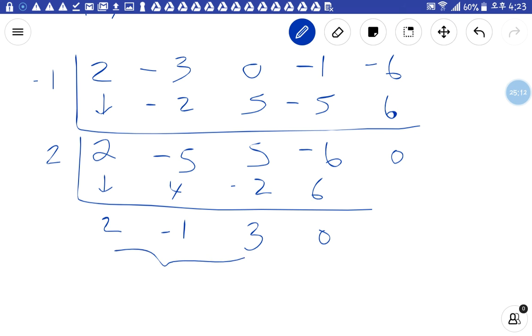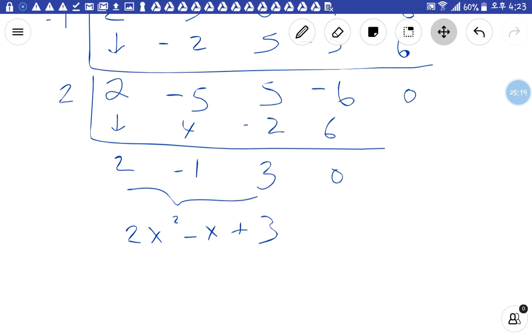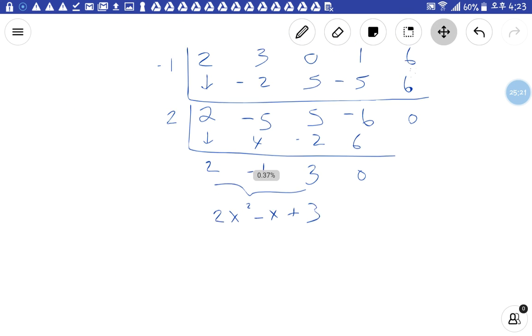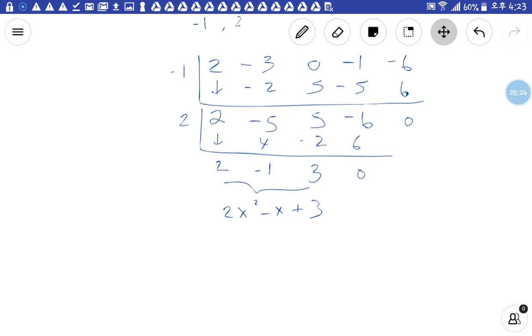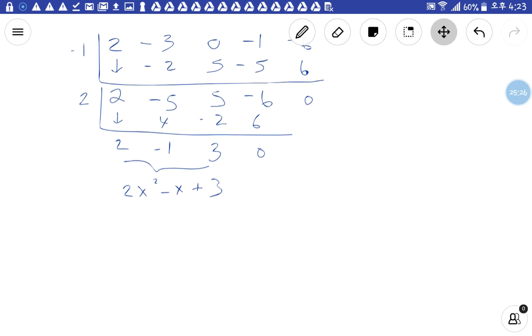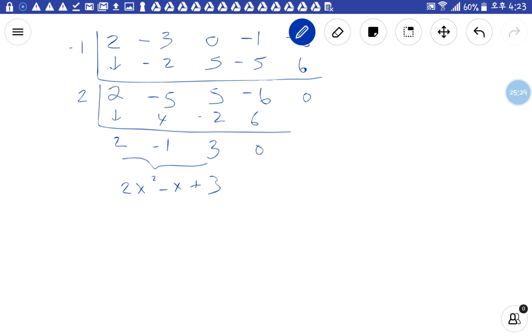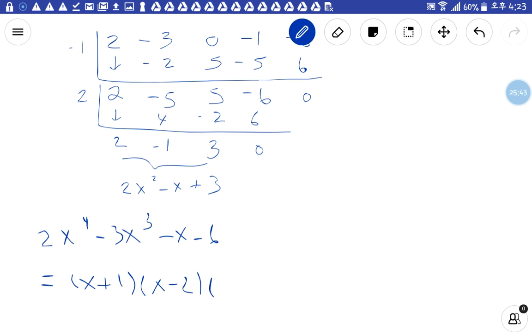Now what? Those 3 are going to be my quotient. 2x squared minus x plus 3. So let me rewrite my equation like this. Alright, so my given expression, 2x to the 4th power minus 3x cubed minus x minus 6, would be written as x plus 1, x minus 2, 2x squared minus x plus 3.